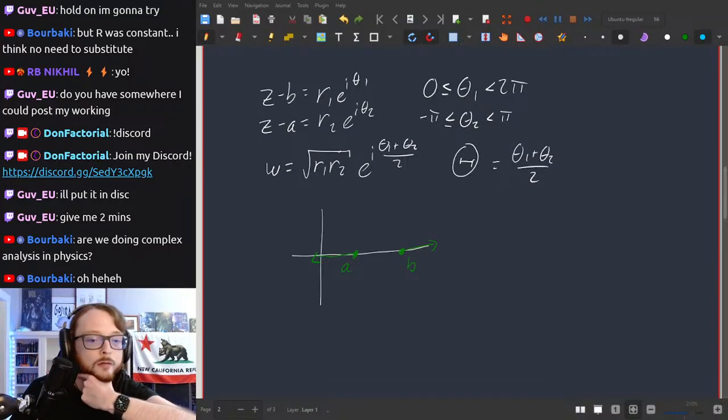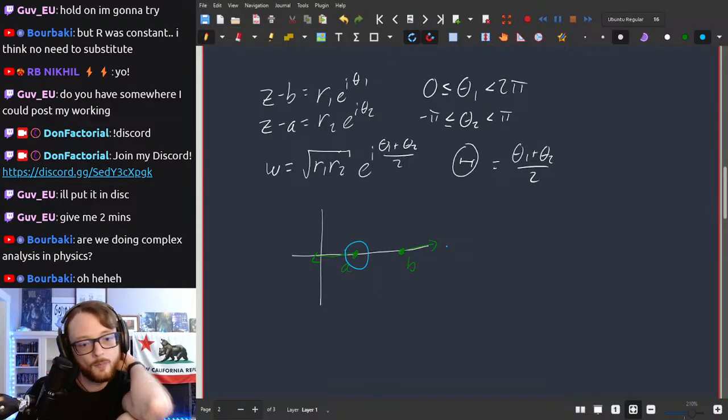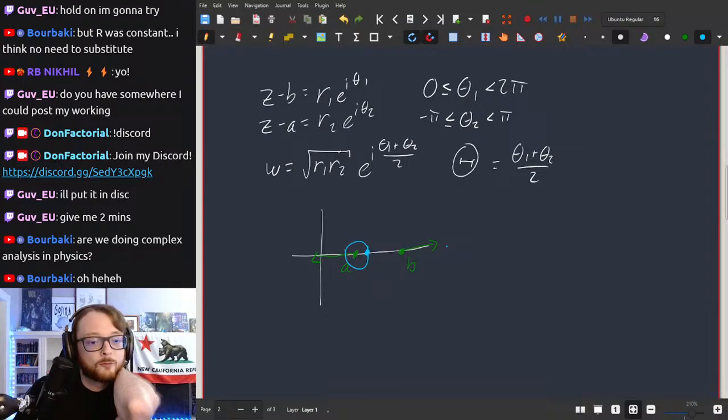So the angle around A is being measured from minus pi to pi. But I want to investigate both this circuit and this circuit, I think. Let's start with the circuit around A. So B measures this circuit, let's just say starting from pi, B varies up to something and then comes back down to pi.